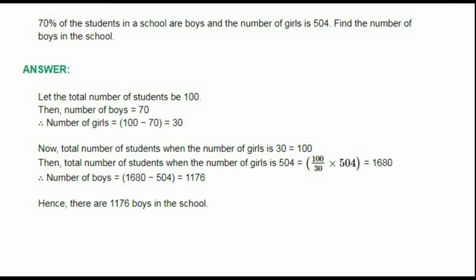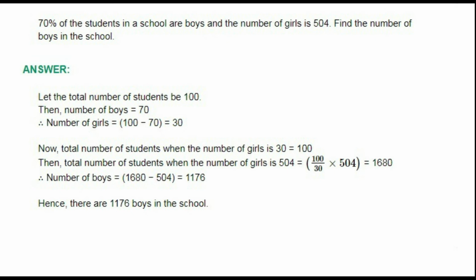So when the number of girls is 30, and if we use the unitary method, the total number of students is 100, right? So if the number of girls is 504, the total number of students is 100 by 30 into 504, that is 1680. We are simply using the unitary method concept.